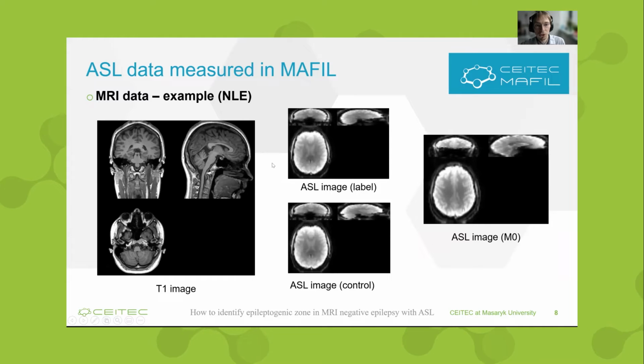Now, to have an imagination of how such imaging looks. This is a T1 image where you can see relatively nice anatomy. And these are the ASL images. This is the ASL image labeled with labeled blood. This is without labeled blood, and this is the background. At first look, you cannot see any differences with your own eyes. There we need math to see the differences.